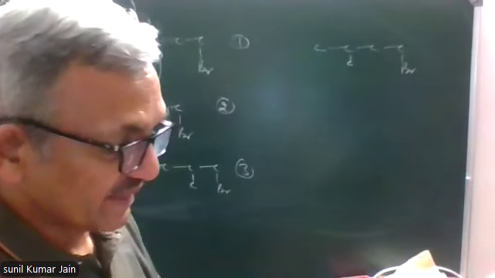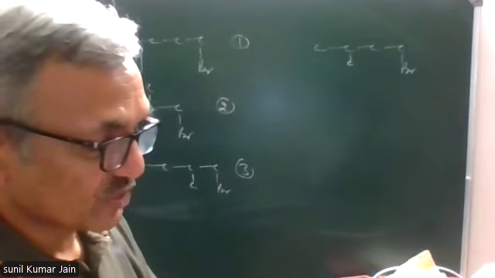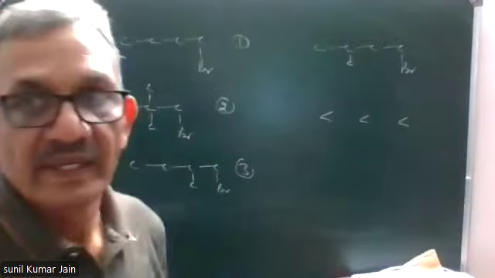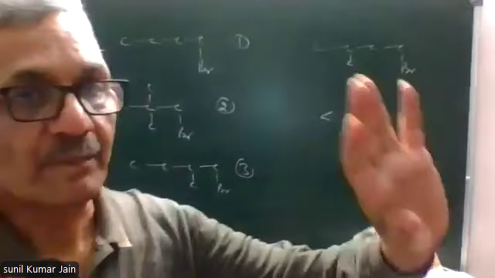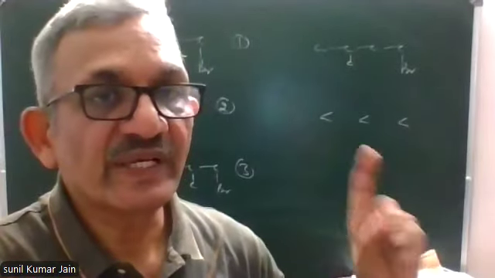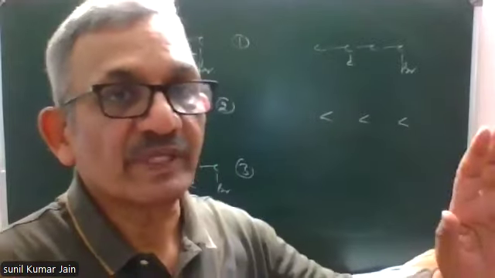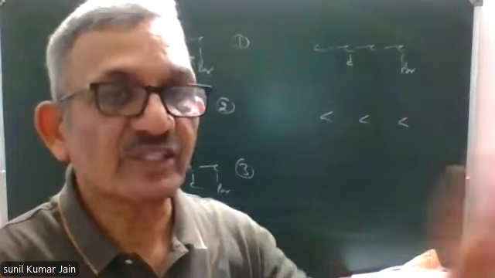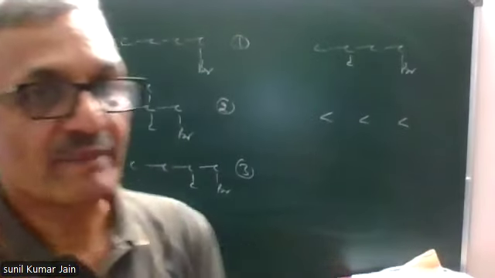We have to arrange them in the increasing reactivity by SN2 reaction. Now, if you look at these structures carefully, all of them are primary. So we cannot arrange them on the basis of primary, secondary, tertiary. All of them are primary.